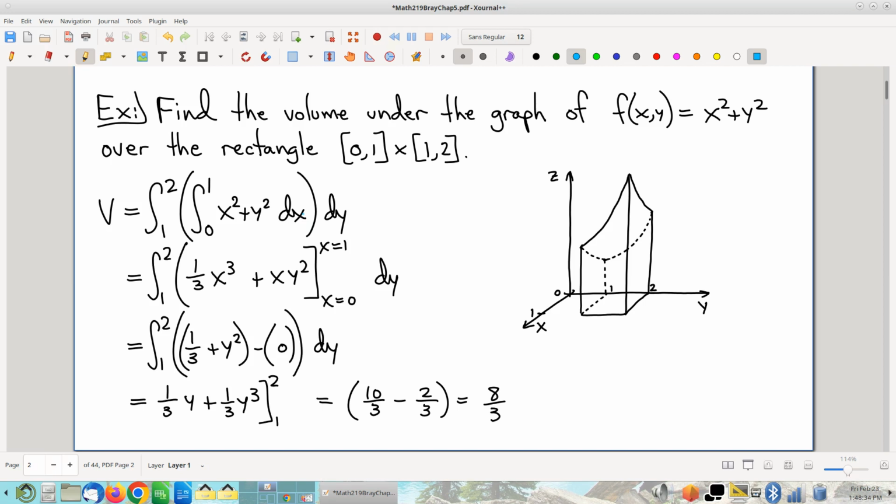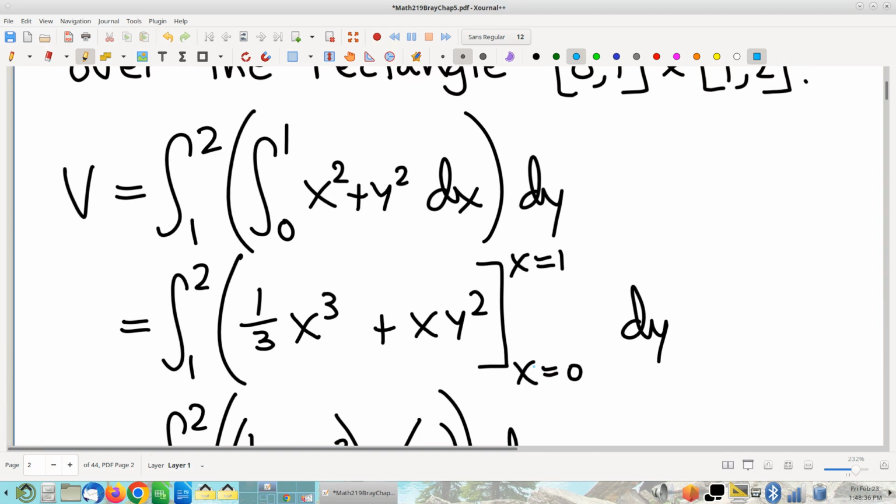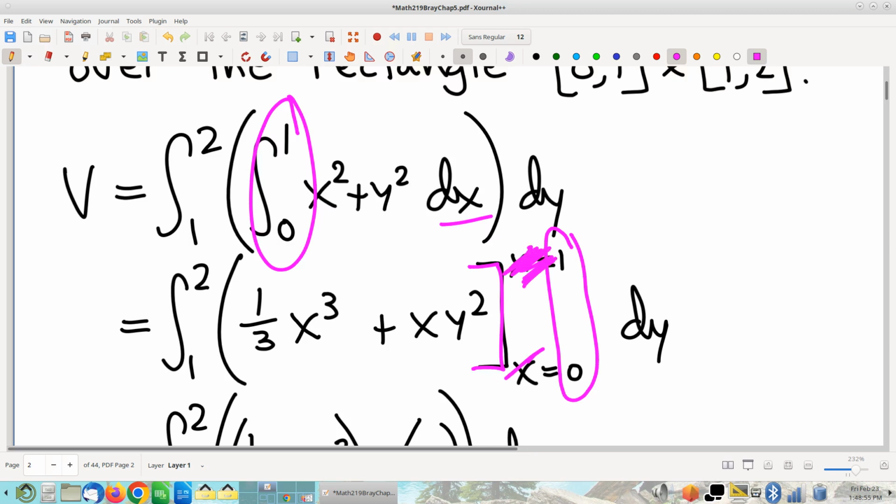I have a little superstition that I like to share. I've probably done this in the distant past myself, where these values for x go over here, and you have 0 to 1, 0 to 1, and you start plugging those values in. The thing about it is, if you don't write x equals, it's easy to lose track.